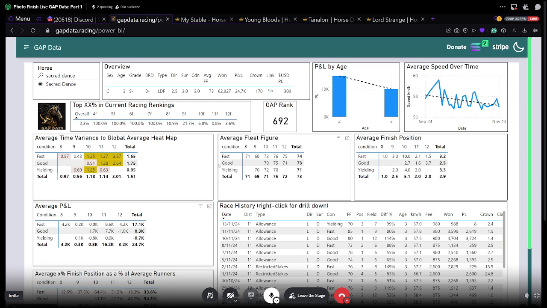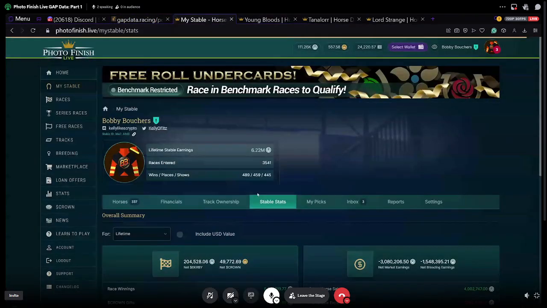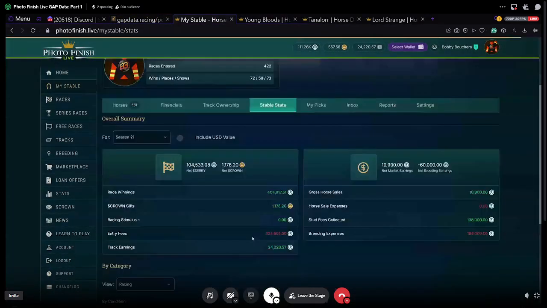I run a lot of horses, and I run a lot of horses way too long because I'm stubborn and I really like to test, test, test, and because a lot of them are my horses. But going forward, I'm going to be way more selective, because if you look at my stats, and stats are public, so I don't care showing you.